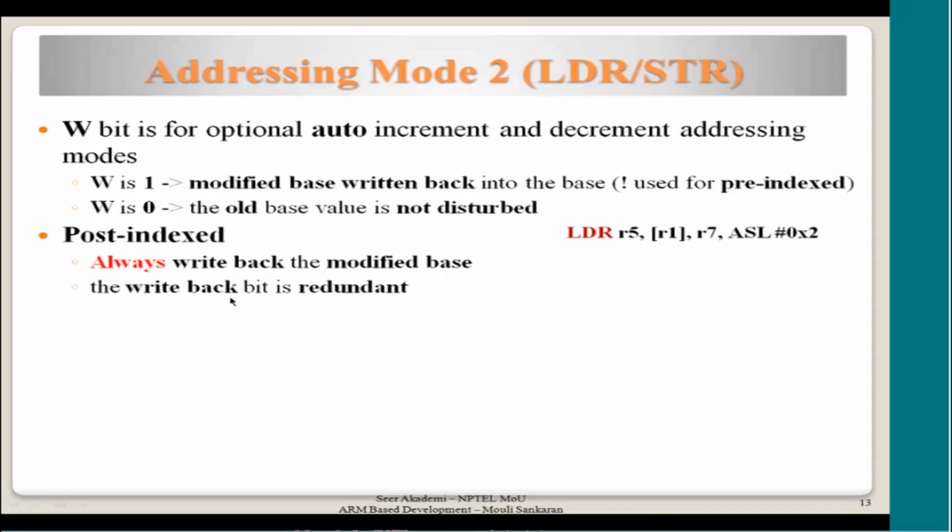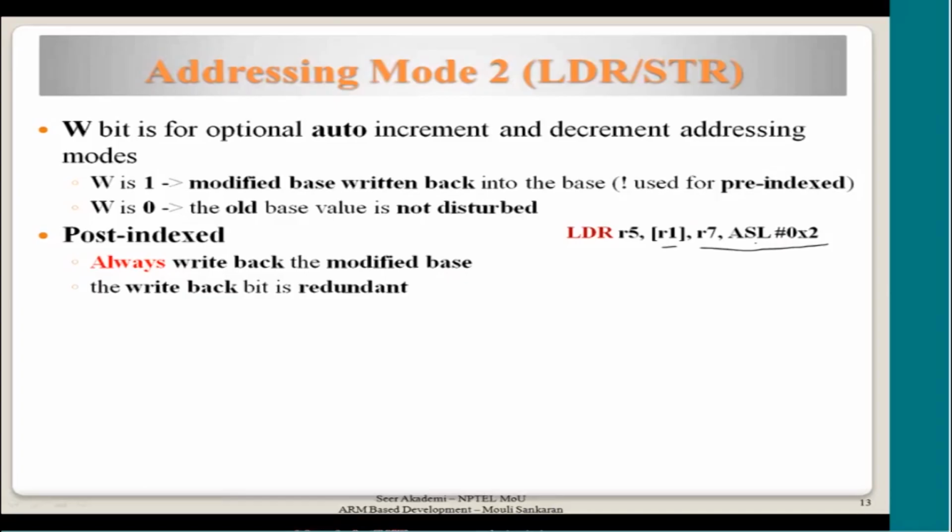So the write back bit is redundant in a post-index because there is a separate bit maintained in the instruction format for whether it is a pre-index or post-index. So you don't need 2 bits to do the same thing, because in post-index we have already said that the computed offset has to be written back into our base register.